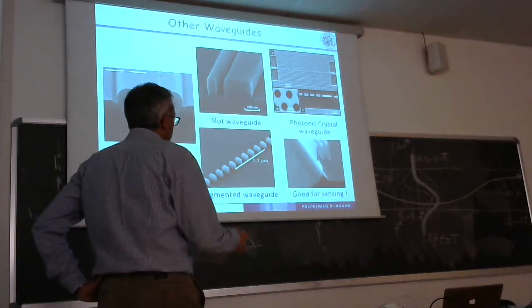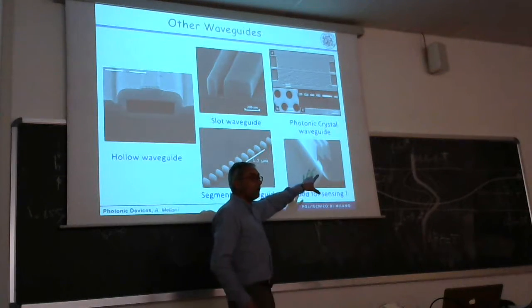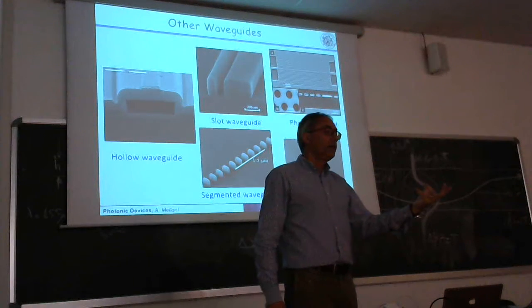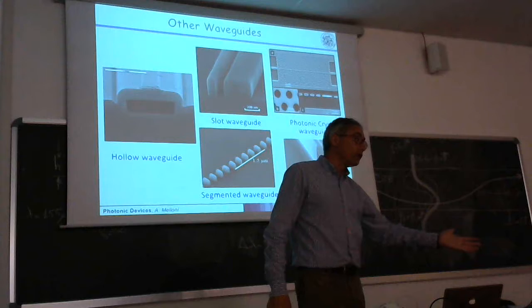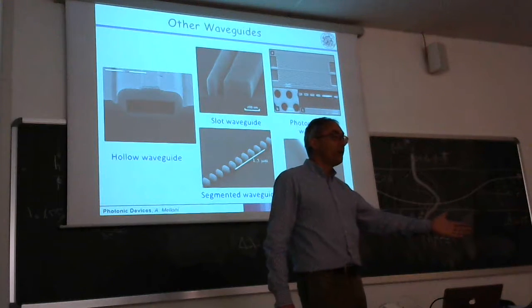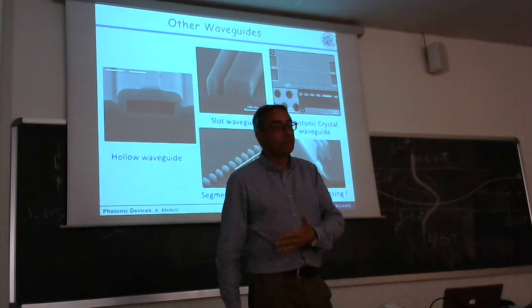And you can imagine that if some gases flow through the core, it changes the characteristics of the propagation of the waveguide. That is something that you don't want if you want to do signal processing for optical communication, but it's something that you want in case of sensing.